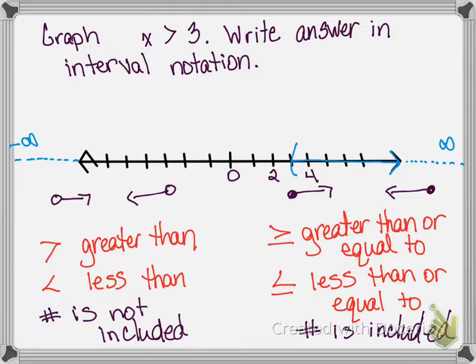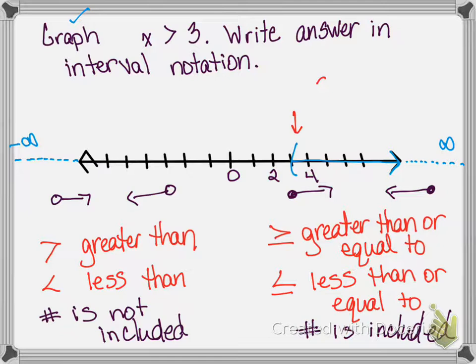So I have graphed this, and I'm going to use the graph to write my answer in interval notation. Okay? When you are writing in interval notation, you always put the smallest number first. Sometimes that smallest number is negative infinity. But we start right here.